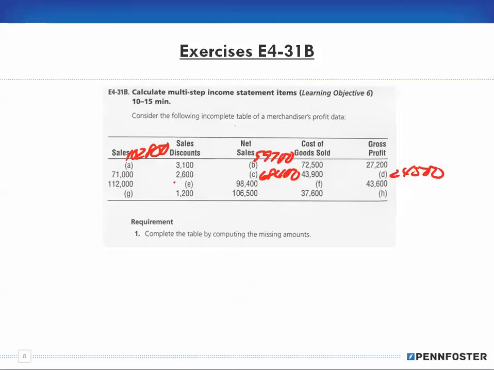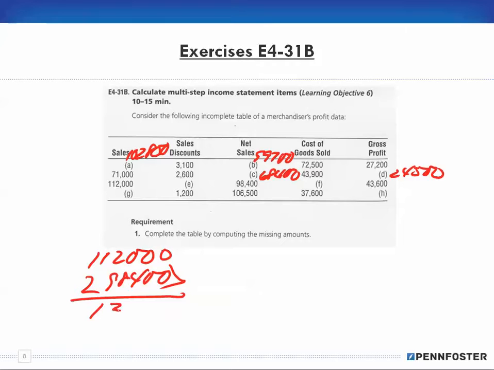The third line here, E. Okay, so they're switching this up a little bit. First line we went backwards, second line we went forward, now we're working in between. So if I have 112,000 of sales, and I know my net sales ends up being 98,400, I subtract the two in order to get my discount, which ends up being 13,600.